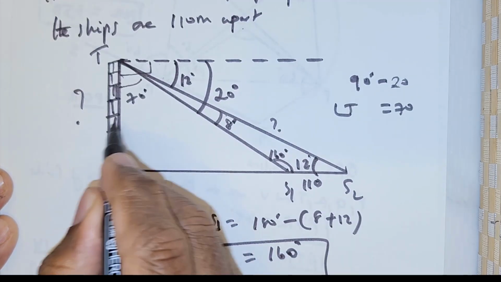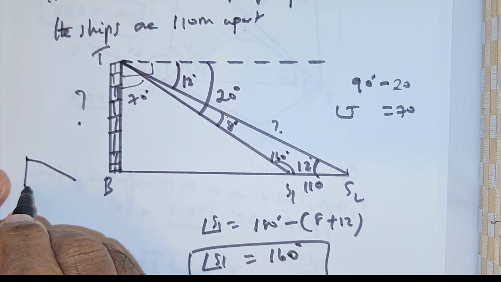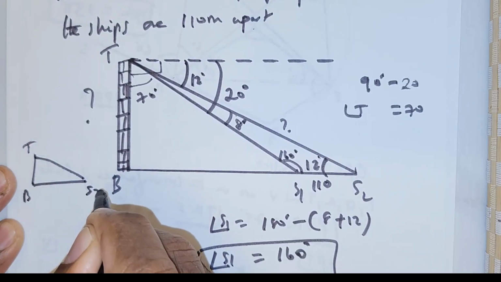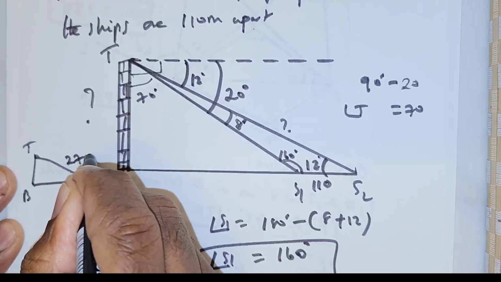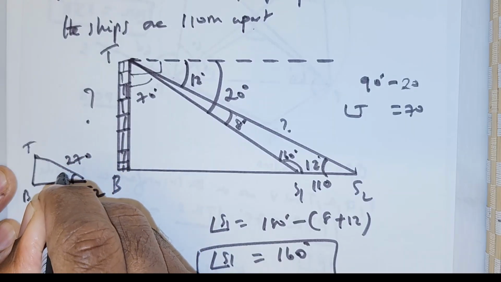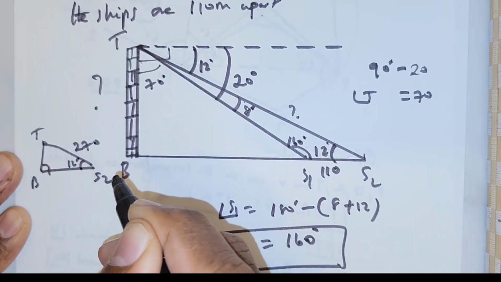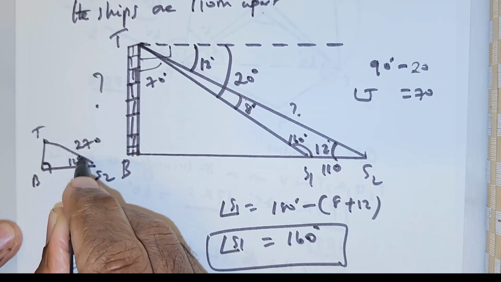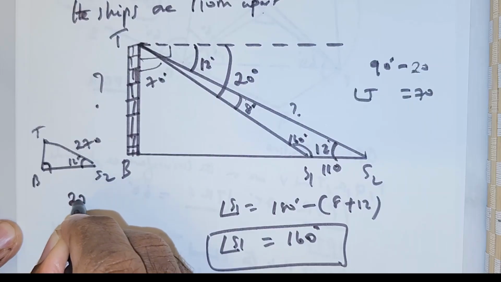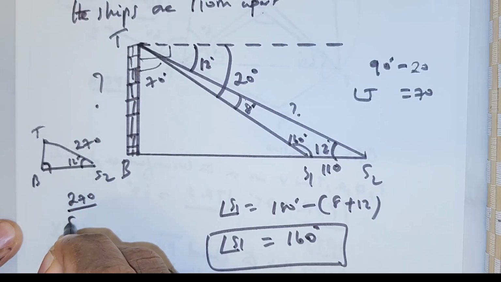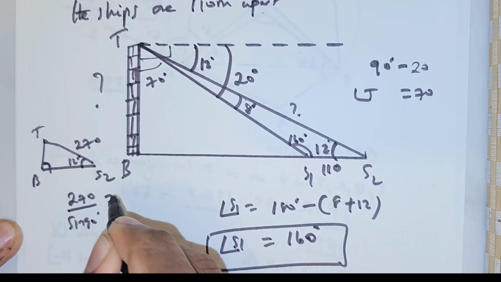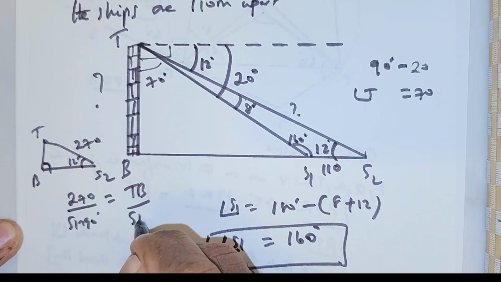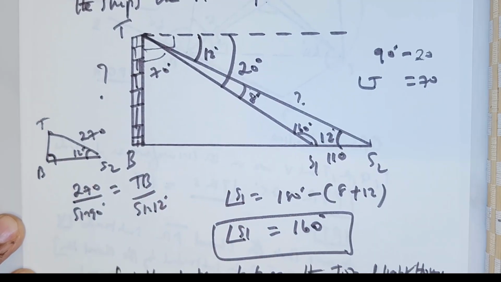What I'm going to do is consider this entire triangle, T, B and S2. Now this distance is 270. This angle is 12 degrees. This angle is 90 degrees. So by sine rule, 270 divided by sine of 90 is equal to TB divided by sine 12.